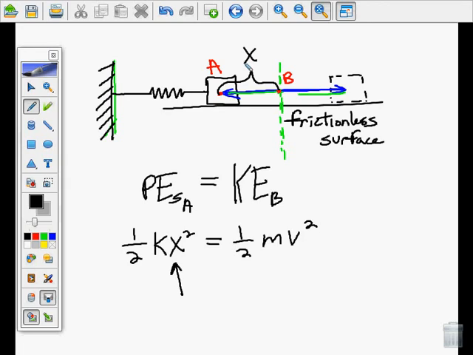That's the maximum x. And it's measured to the middle point there. And of course, it's the same on both sides. So this would also be from there to there. That would also be the same x.